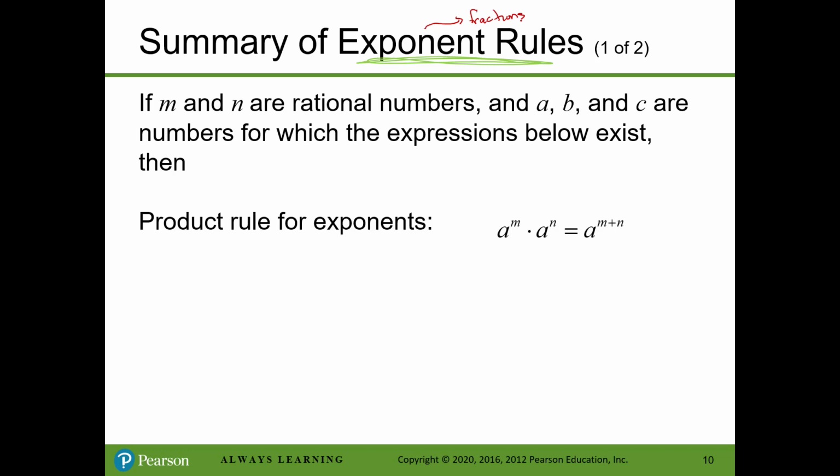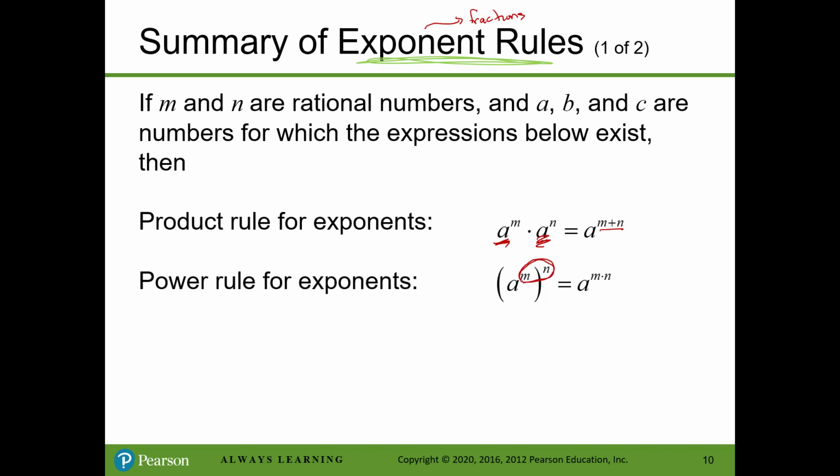So remember, when you multiply two bases that are exactly the same, you get to add exponents. If I have parentheses in between numbers, what does that usually tell me to do? Yes, it tells me to multiply, which is why I'm multiplying these 2 exponents together. You can only multiply an exponent to another exponent.